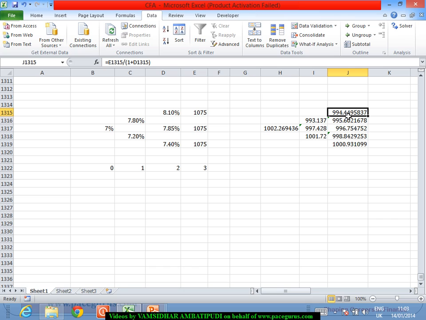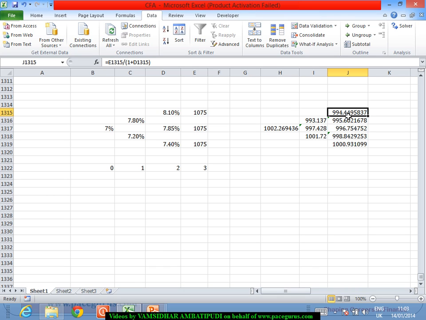Because it's a call option, only if the market price is higher than the strike price are we going to exercise that particular bond.